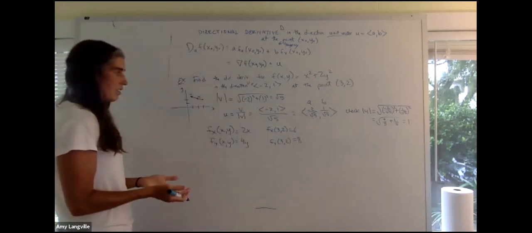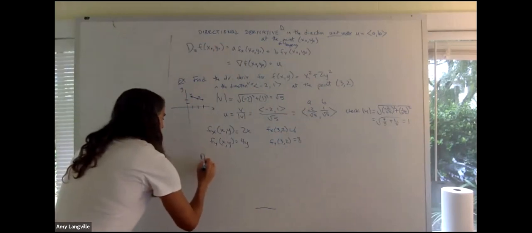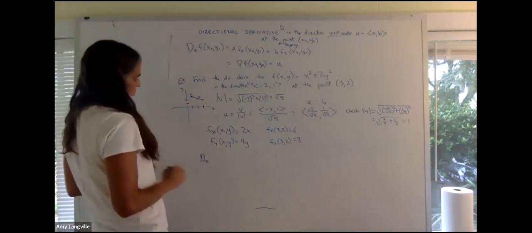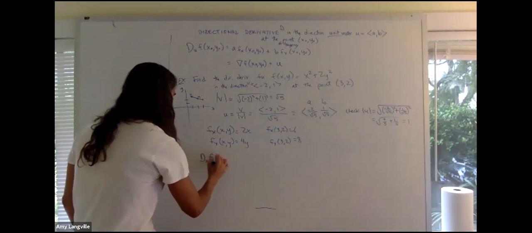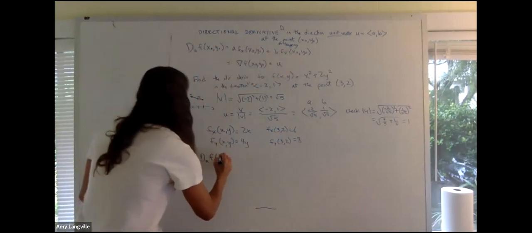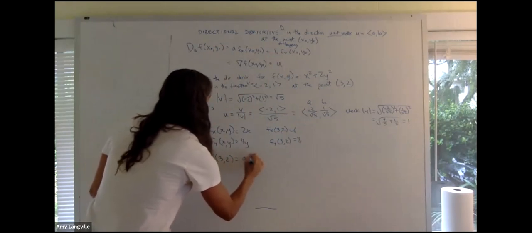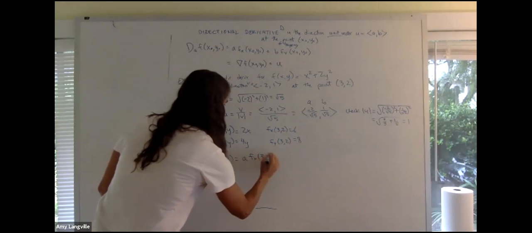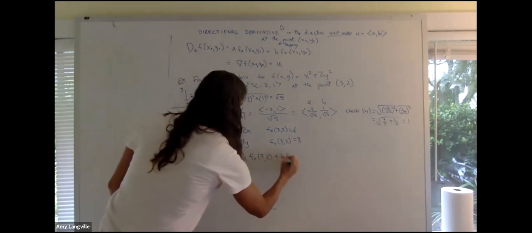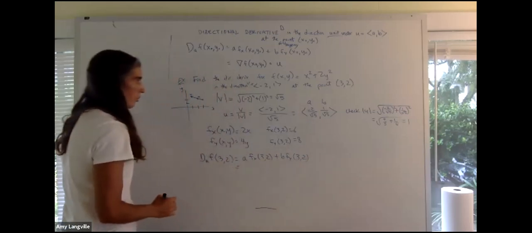So now I'm going to take these things and do them in this weighted average. So my directional derivative, how much I change when I walk in the direction u along my surface, which is this elliptic paraboloid, from the point of tangency 3, 2, is going to be a times f sub x at 3, 2, plus b times f sub y at 3, 2. And we have all of our components.